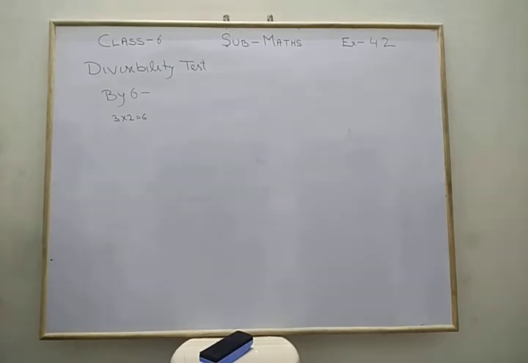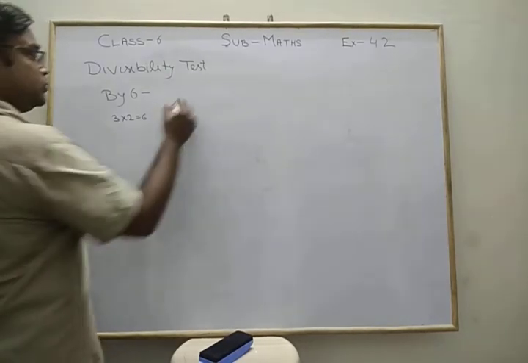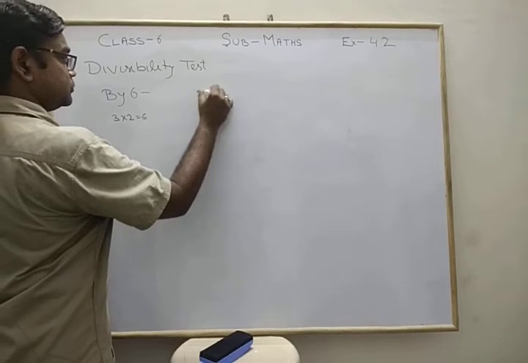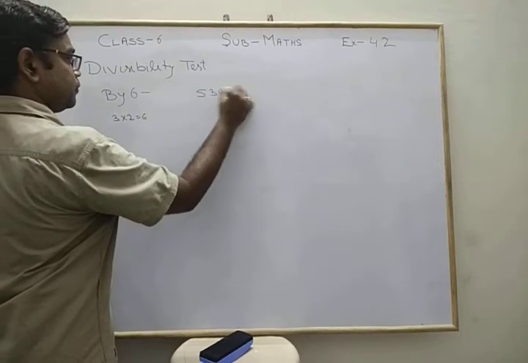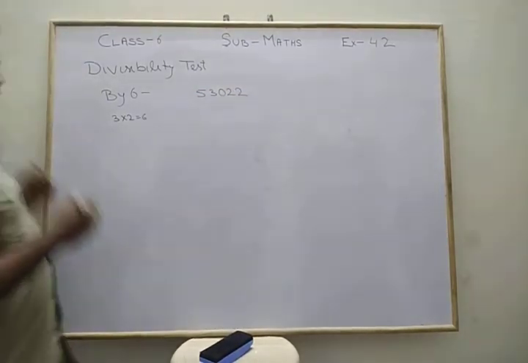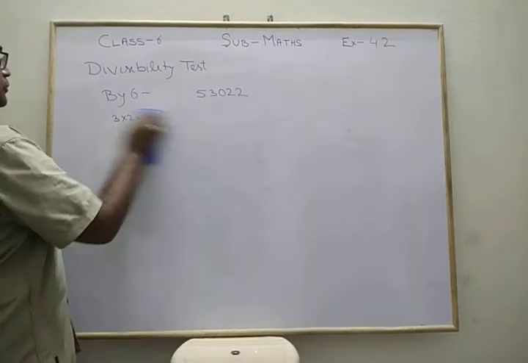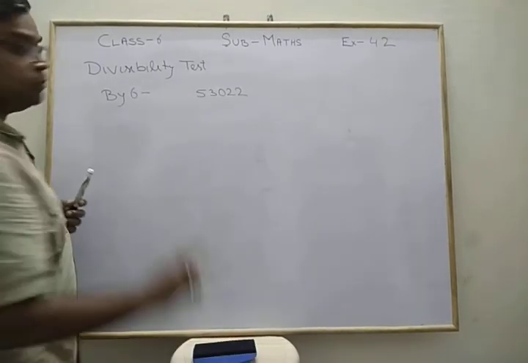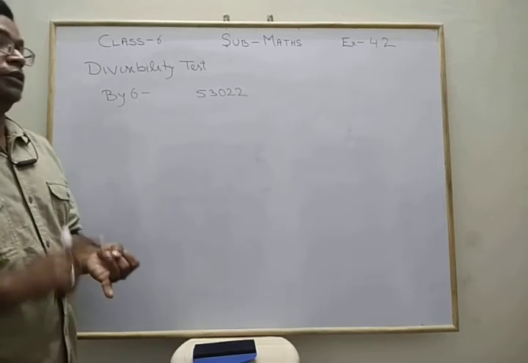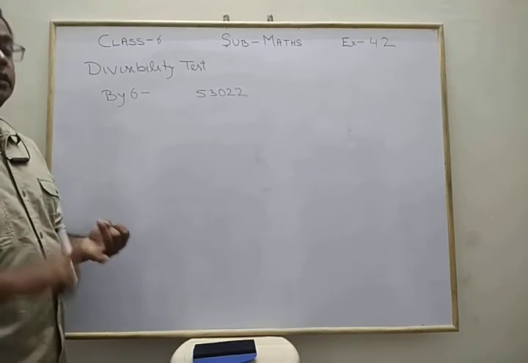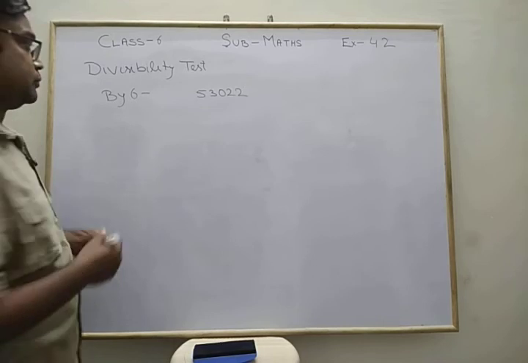Consider a number 43,022. We are going to check whether this number is divisible by 6 or not. For this, we check both the condition of 2 and the condition of 3. If condition 2 is satisfied, then we check condition 3.